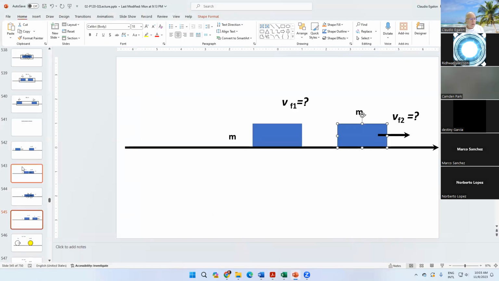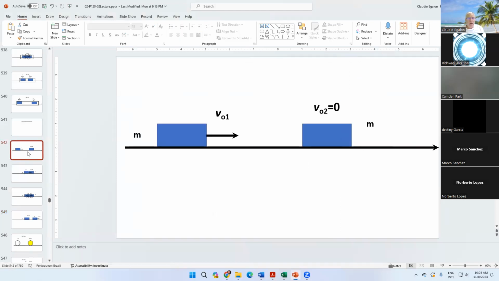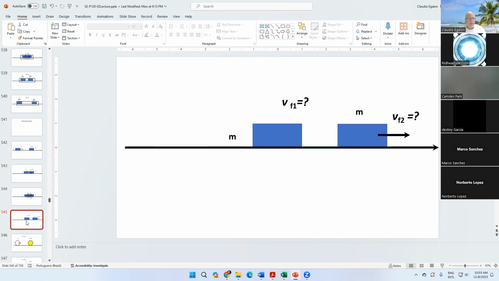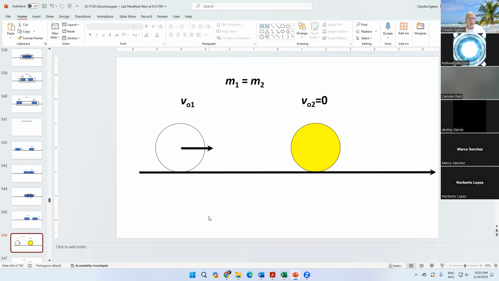Going back here, what does it mean? Final velocity of one will continue to be this velocity that you see right in here. It is as though the first mass is just moving through the second mass. Okay? That's not a physical situation, right? Masses cannot go across each other, right?